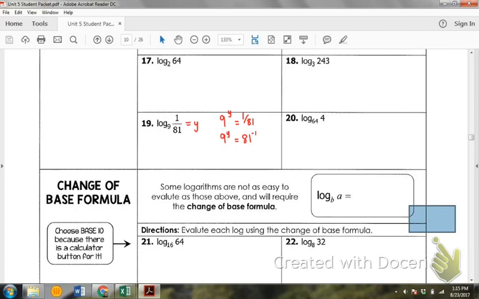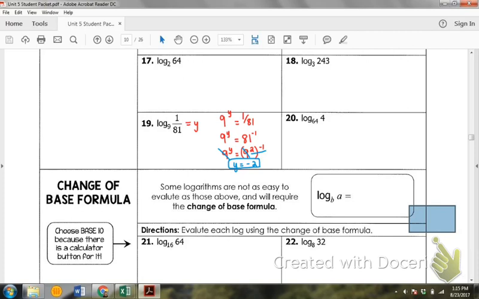Ryan, what are you going to change 81 to? 9 squared. And we still have this negative 1 out here. So my bases are the same. I can drop them and I get y equals, I'm going to multiply 2 times negative 1 and get negative 2. Questions about 19?